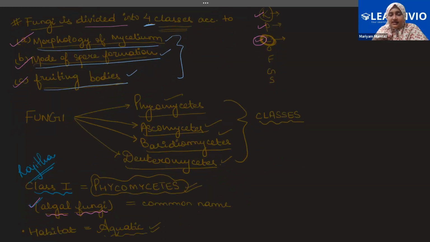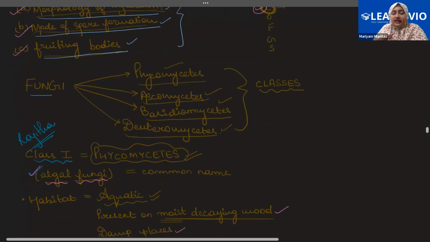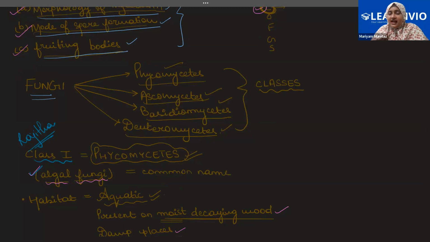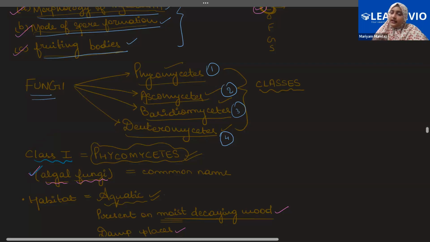So with that being said, the fungi are divided into these classes. The first class is Phycomycetes, then there is Ascomycetes, then there is Basidiomycetes, and lastly Deuteromycetes. Now we'll talk about each of them one by one. Phyco, Asco, Basidio, Deutero. Clear?